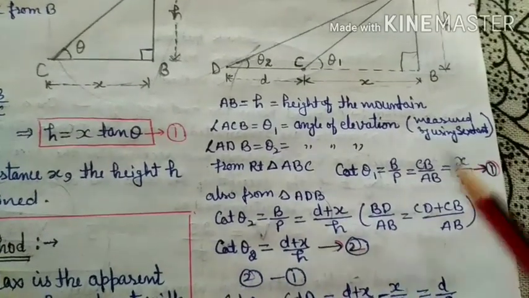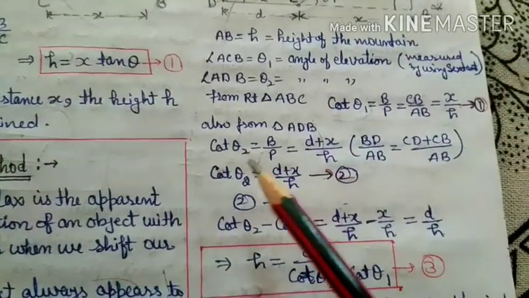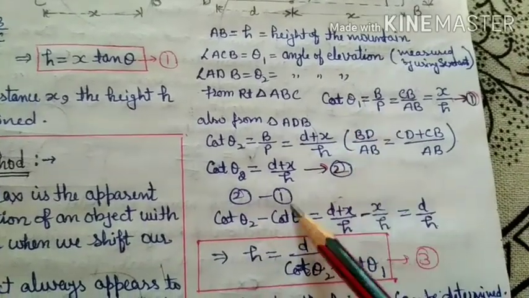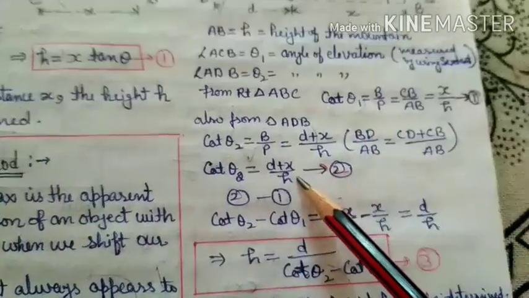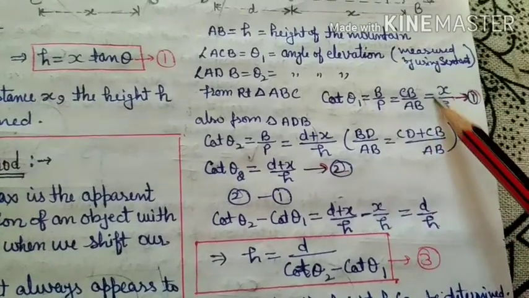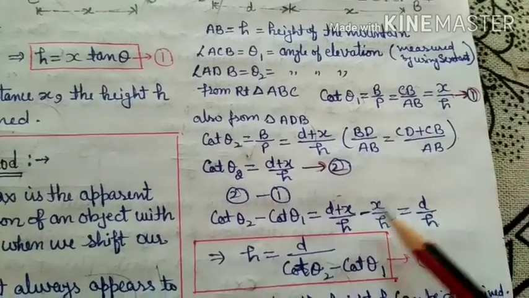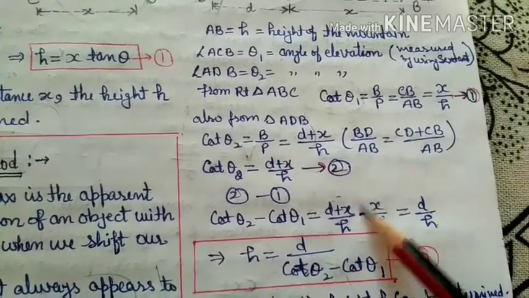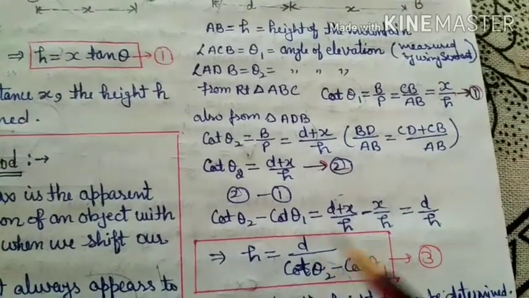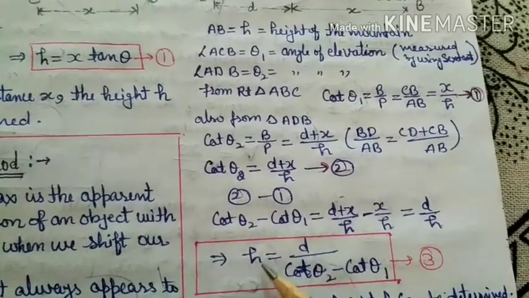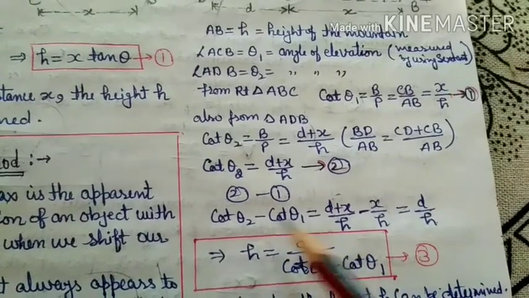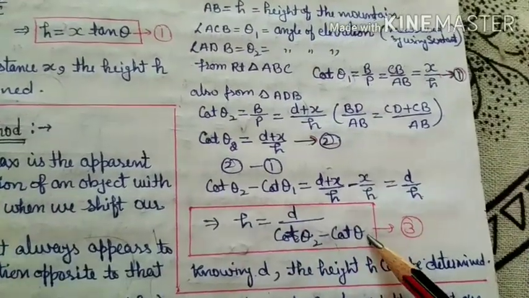Now subtract equation 1 from equation 2. Cot theta 2 minus cot theta 1 equals d plus x upon h minus x upon h. The x by h terms cancel, so d by h is left. Cross multiplying, h equals d upon cot theta 2 minus cot theta 1.